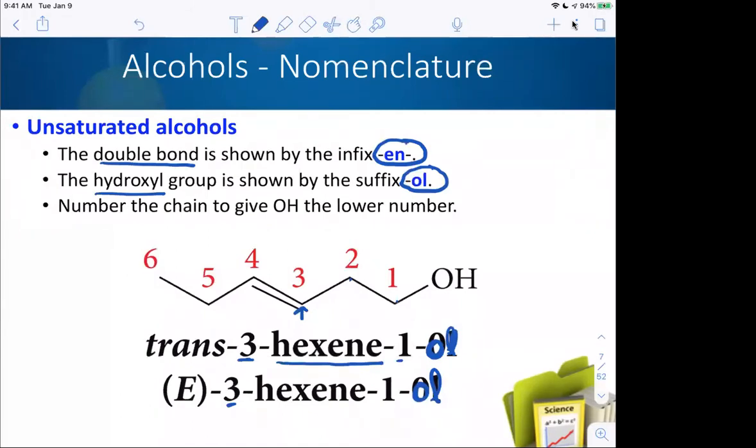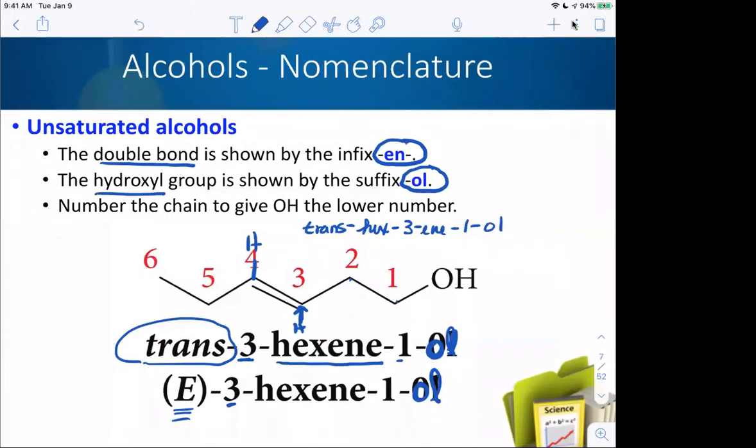There is also stereochemistry. What I know is that this particular structure has those hydrogens trans to one another. So I must put this trans or the E designation in this particular name. Now, this could also be hex-3-en-1-ol.